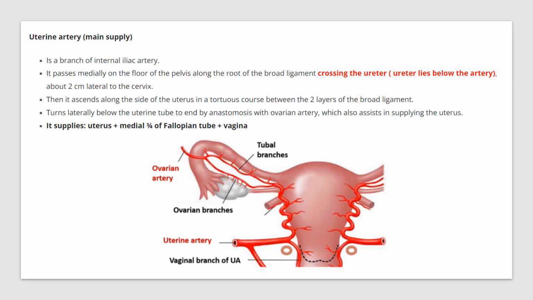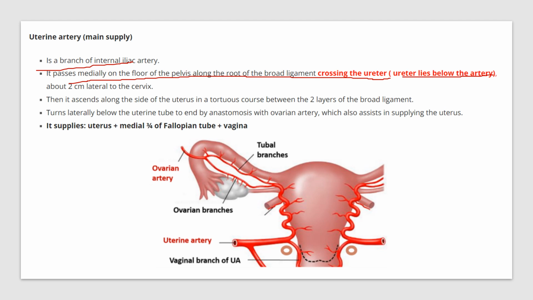Now, uterine arteries. Now we are talking about the arterial supply of the whole female genitalia. It is a branch of the internal iliac artery. It passes medially on the floor of the pelvis along the root of the broad ligament, crossing the ureter. Ureter lies below the artery. This is important.